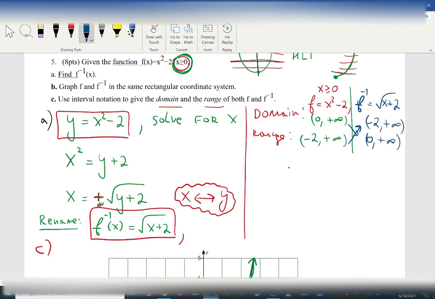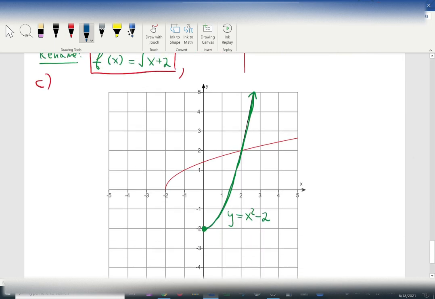Let's check it graphically. Remember how we draw inverse functions? I first draw a helping tool, y equals x, and use it as a mirror. That makes sense because we're flipping y and x, so that's why we're using this as a mirror. And reflecting the existing function f to get f minus 1.